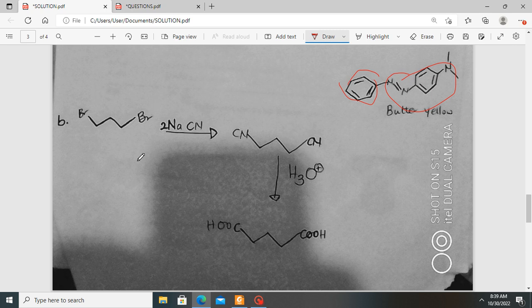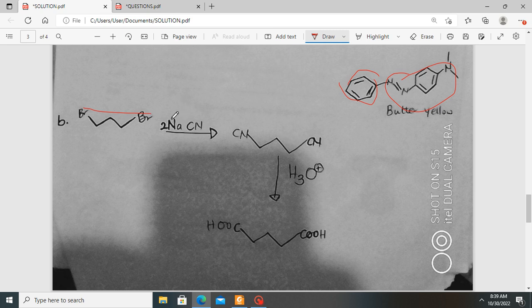We have two pathways for this reaction. We can first add 2 moles of sodium cyanide to replace the bromine with cyanide. So this one is replaced by cyanide, and this one is replaced by cyanide. Then after hydrolysis, it will form carboxylic acid. Or in another way, you can add magnesium in ether to form 2 moles of Grignard reagent. So you have MgBr here and MgBr here.